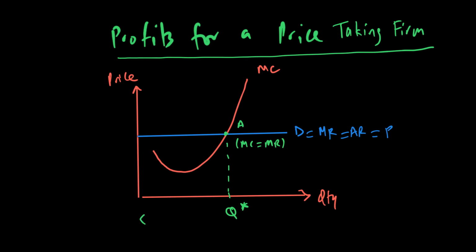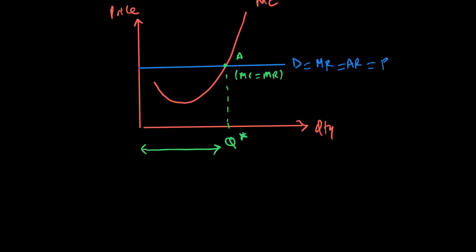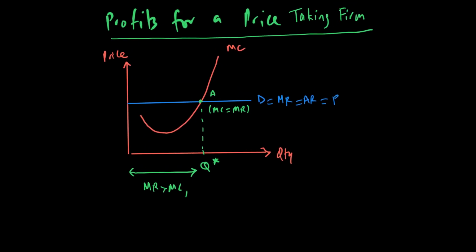Well, look at what is happening before Q star. Before Q star, your MR, which is your extra revenue, is greater than your MC, which is your extra cost. So when MR is greater than MC, the profit that a firm makes must be positive. Why?